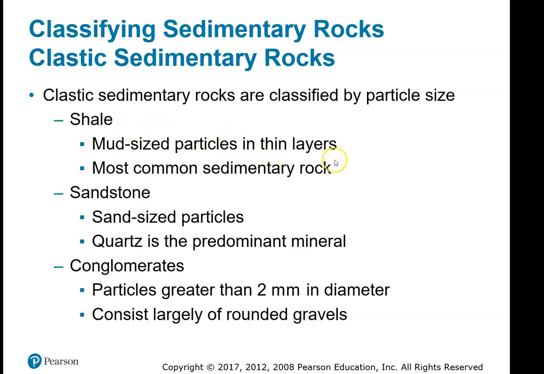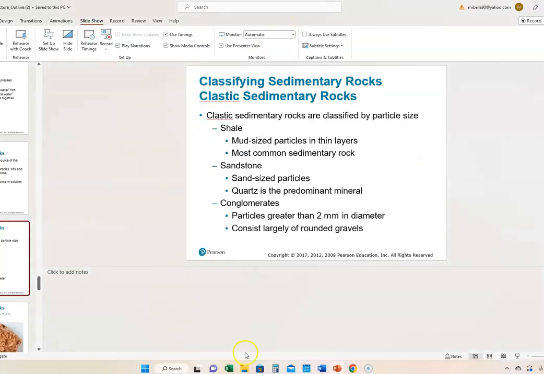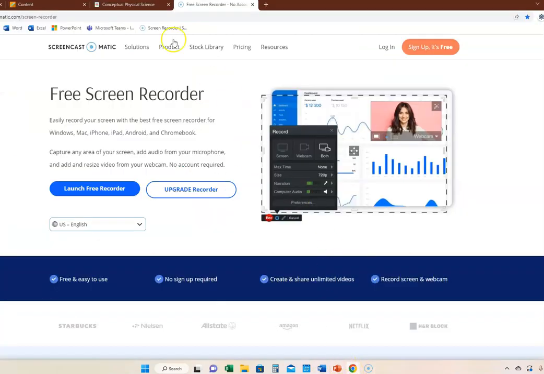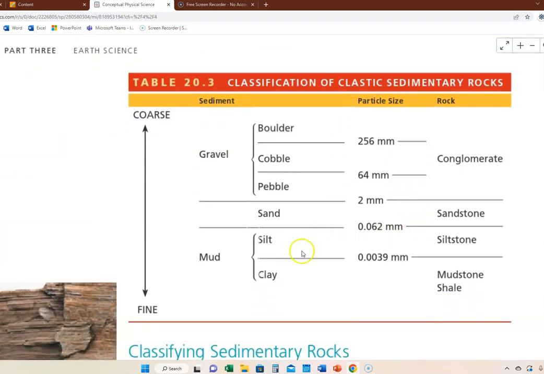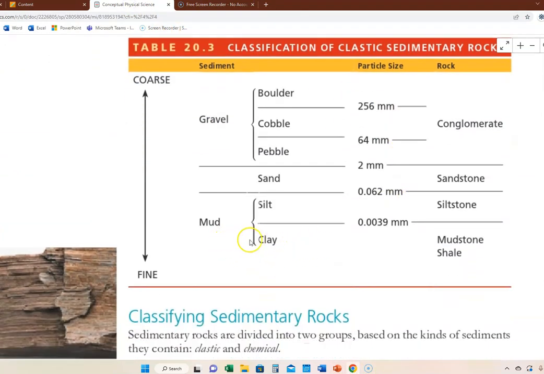Here, let me see if I can. So let's do this, and we can look right here. Oops, not right there, right here. Okay, so this will give us a better sense, right? From clay and silt, which are very, very tiny, sorry, with clay you have shale.